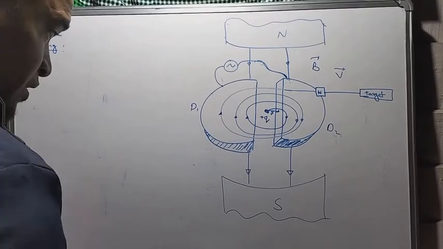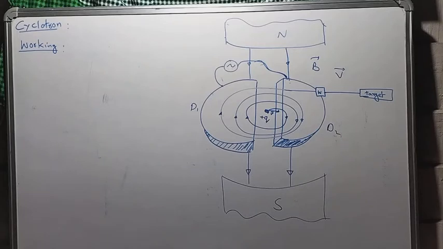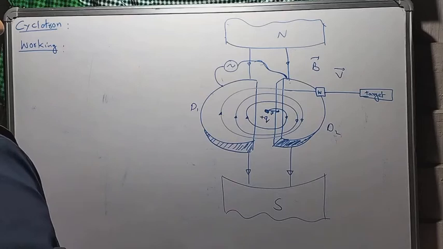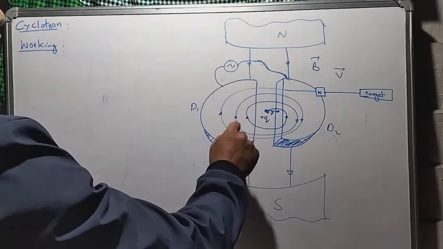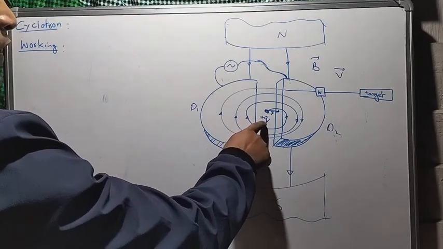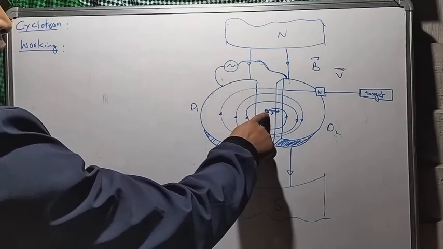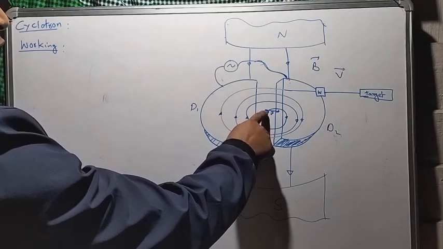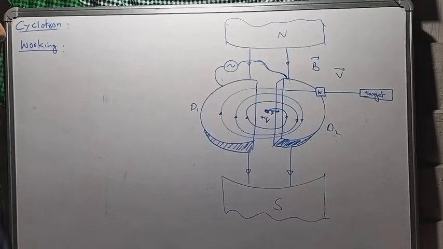Okay, after the construction, now we will see the working of a cyclotron. So how does this cyclotron work? Suppose I consider a positive ion, a charge plus Q. It is injected at this point, which is between the two Ds.